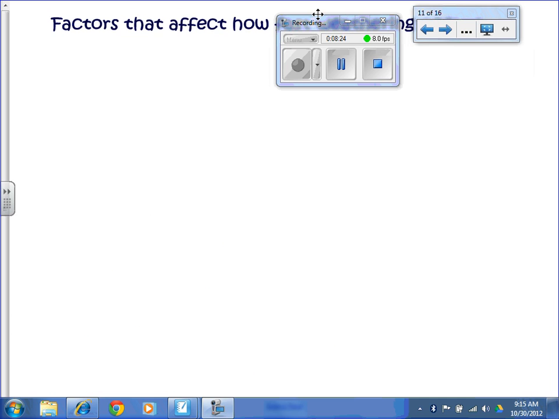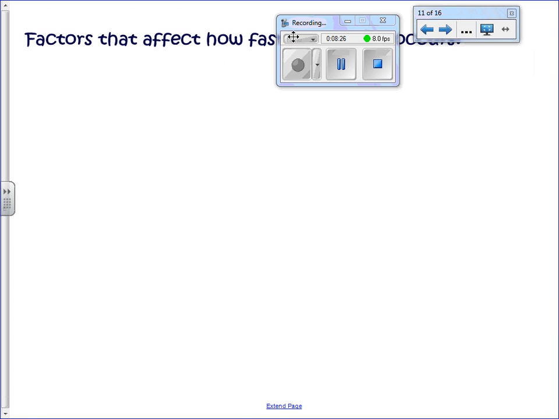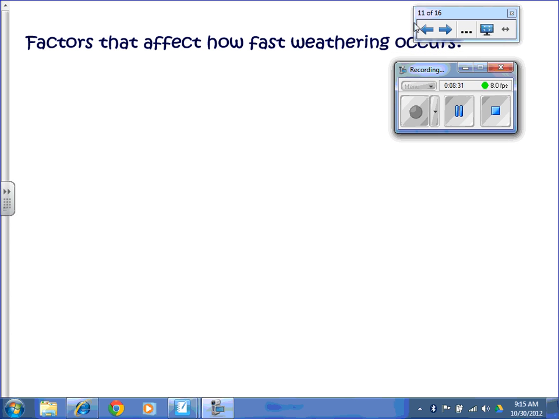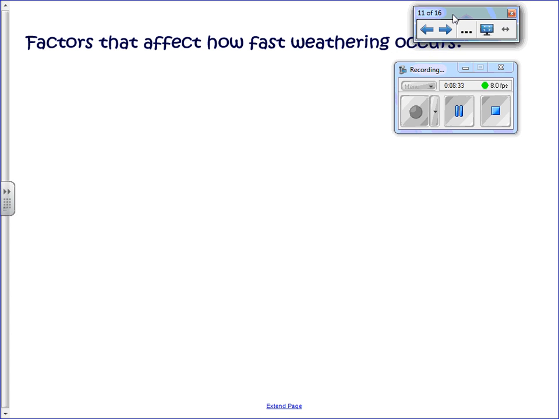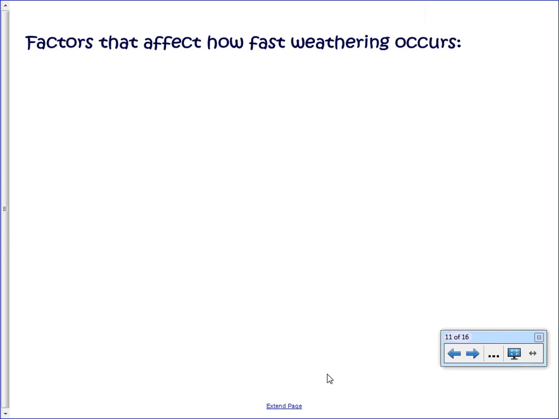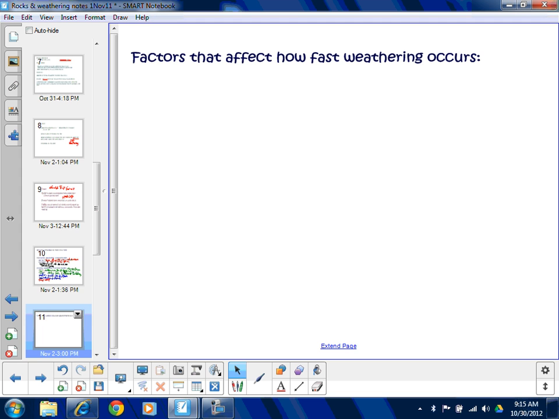Next we have factors that affect how fast weathering occurs. Now we were just talking about some nice obvious ones, and let's see what else we got here.